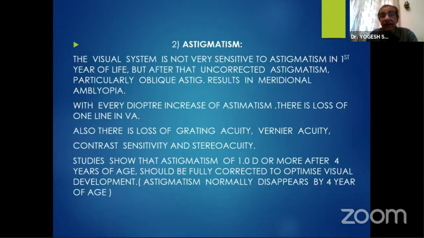No. First, take the vision and do a proper cycloplegic refraction and correction. So studies show that astigmatism after 4 years of life should be fully corrected to optimize visual development. That is, astigmatism normally disappears by 4 years.